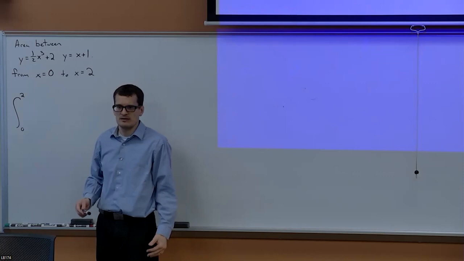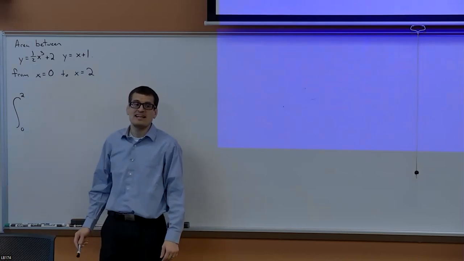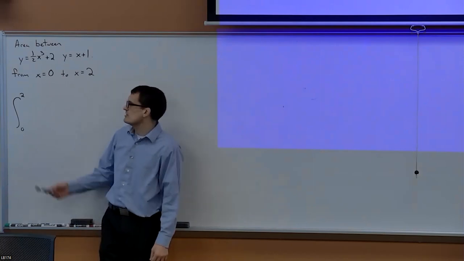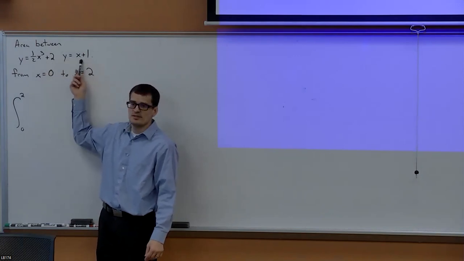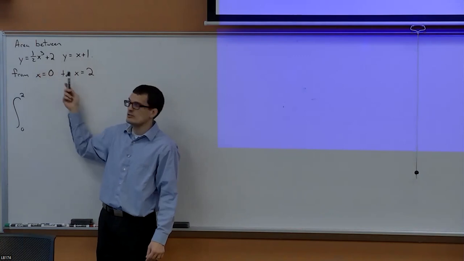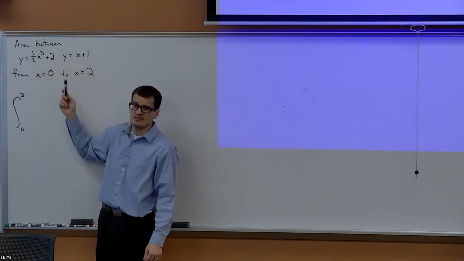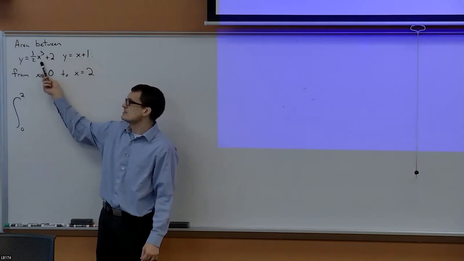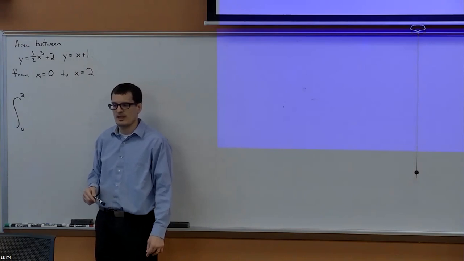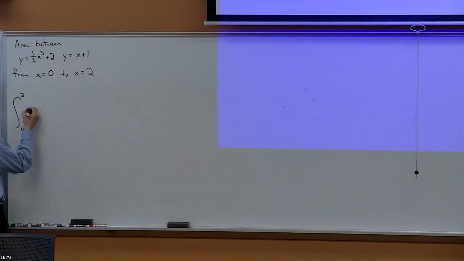Just see which one's above and which one's below in that region. If you didn't have that, then you could just plug in the lower and upper bounds and see, well, when you plug in 0, which one's above? Turns out this one is. When you plug in 2, which one's above? Turns out that one is. If you plug in things that are in between, like 1, again, that's above.